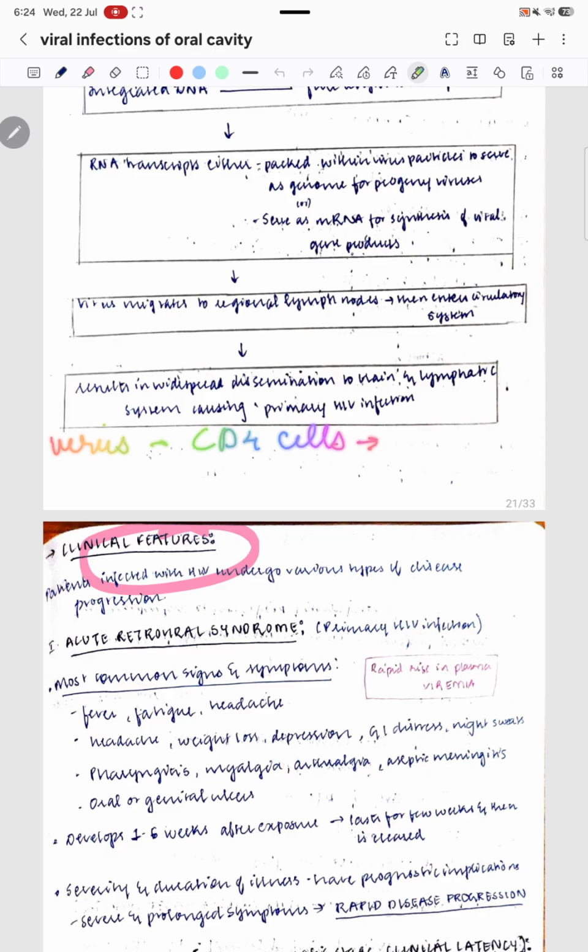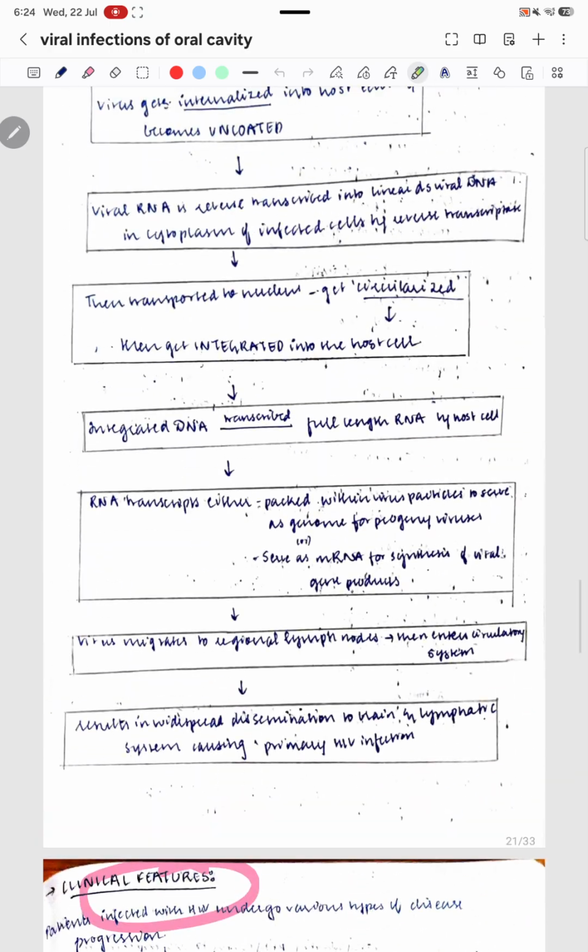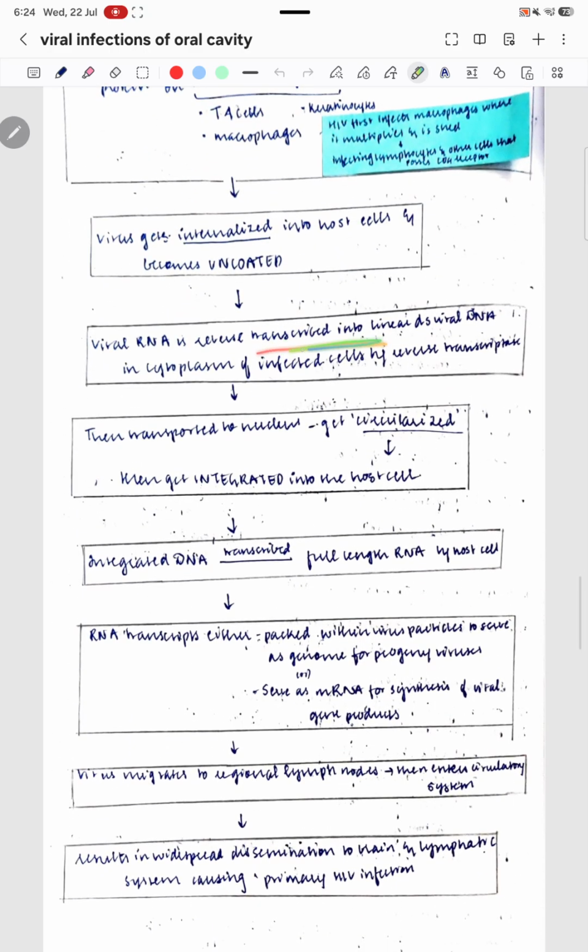After attacking the CD4 cells, it reverse transcribes the linear viral DNA into the cytoplasm of the infected cells.